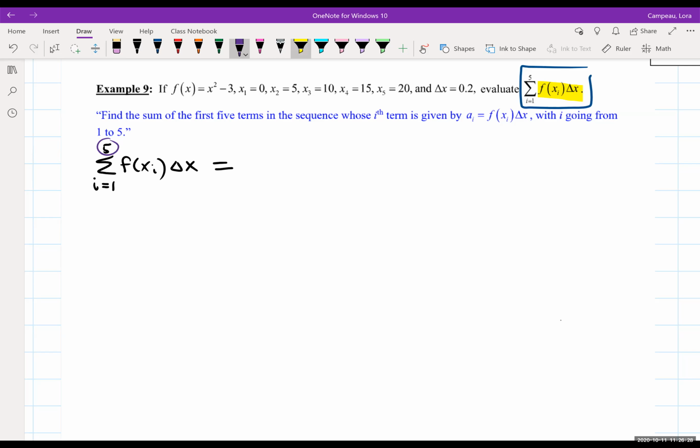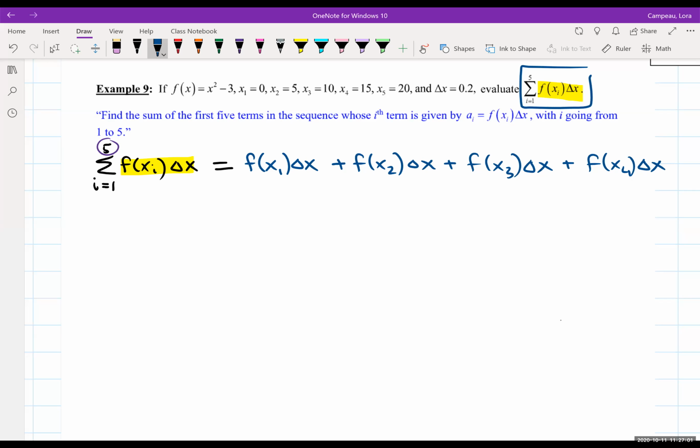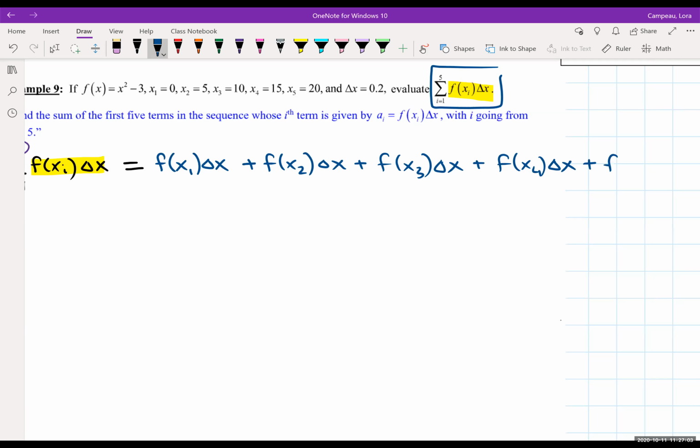What this just means is we're taking our f of x sub i times delta x, and we're plugging in i equals 1, i equals 2, and so on. So starting off, we have f of x sub 1 times delta x plus f of x sub 2 times delta x plus f of x sub 3 times delta x plus f of x sub 4 times delta x, and one last one, plus f of x sub 5 times delta x.